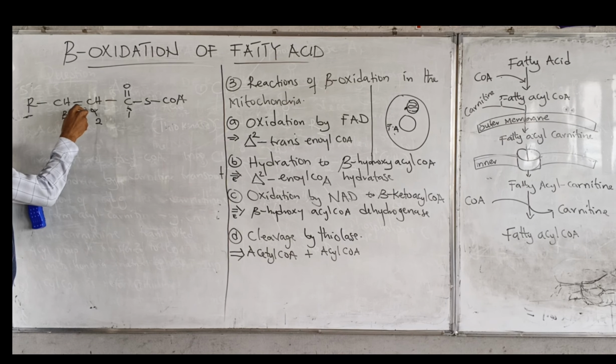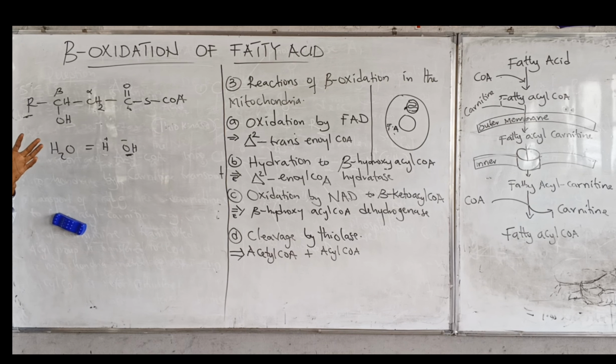Now, at this point, this OH, is it on the beta carbon or alpha carbon? Beta carbon, right? That is why the product is called beta hydroxy acyl-CoA. Beta hydroxy, because the hydroxy group is on the beta carbon. Beta hydroxy acyl-CoA. Do we get that?